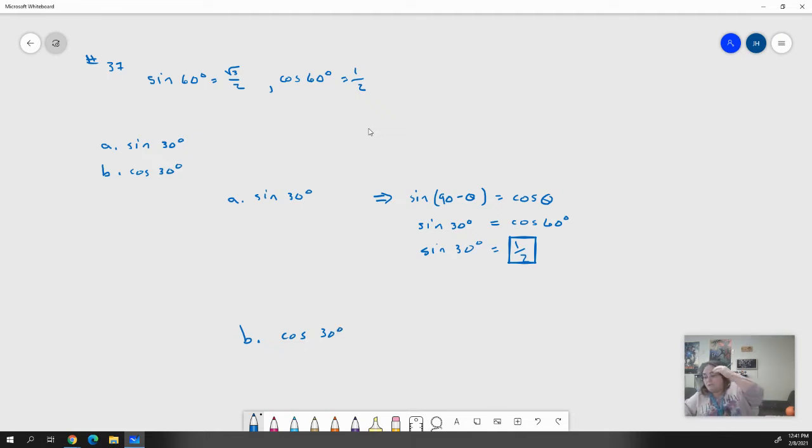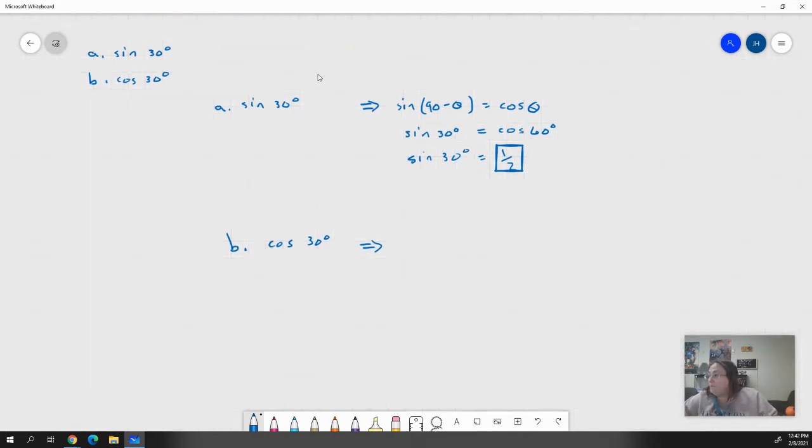We can use a similar process, because we also know under that same group of identities that the cosine of 90 degrees minus theta is going to equal the sine of theta. That's like saying the cosine of 30 degrees equals the sine of 60 degrees.